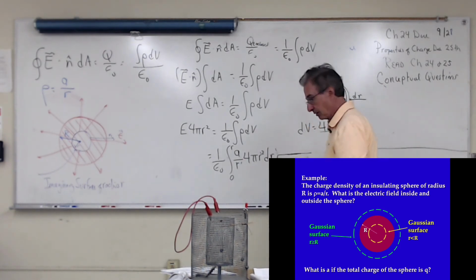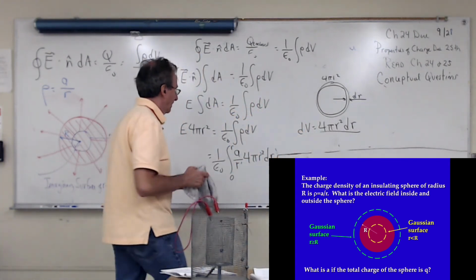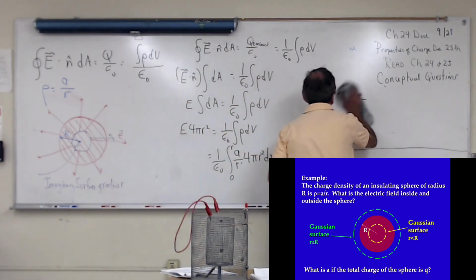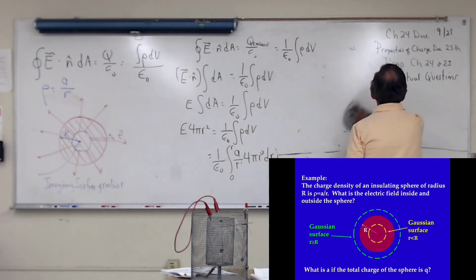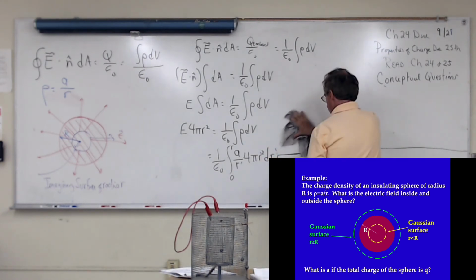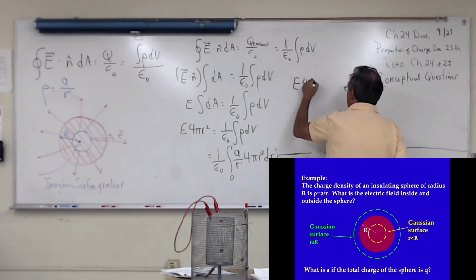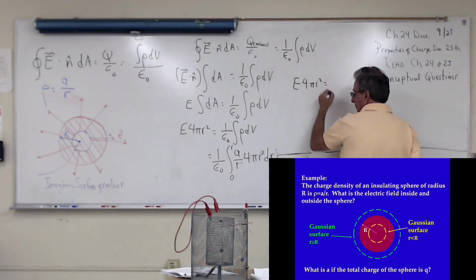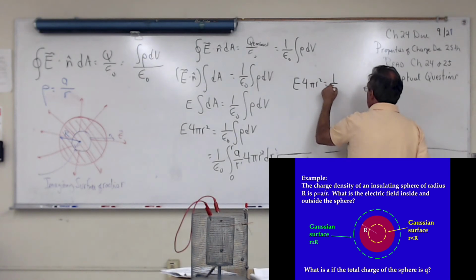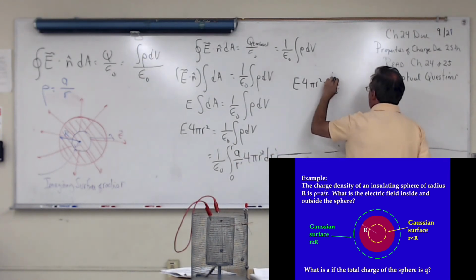So I've got to find my eraser. Okay, so I'm going to have E times 4 pi r squared equals 1 over epsilon naught. Oh, I can pull out the 4 pi a here.